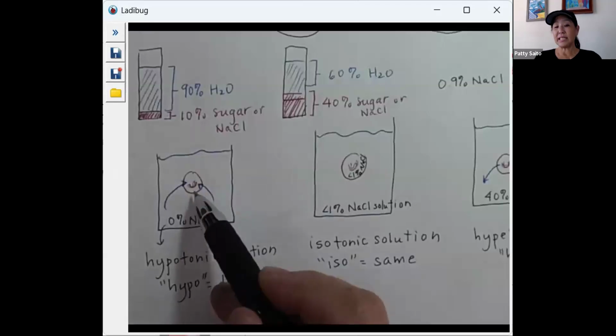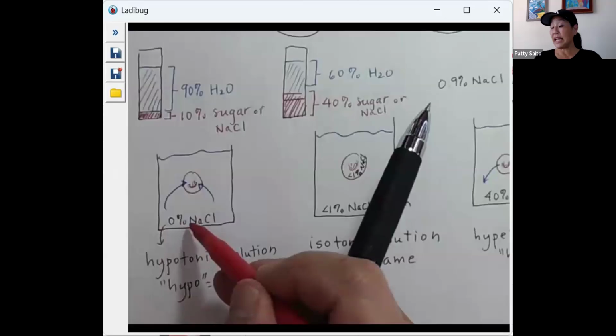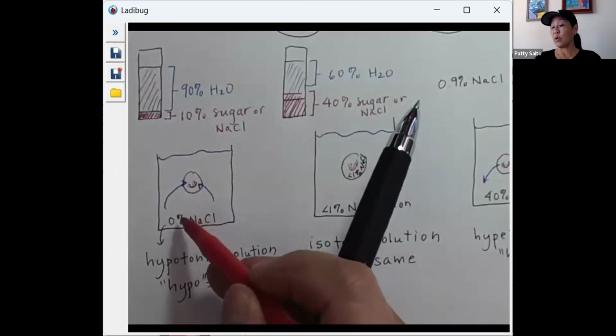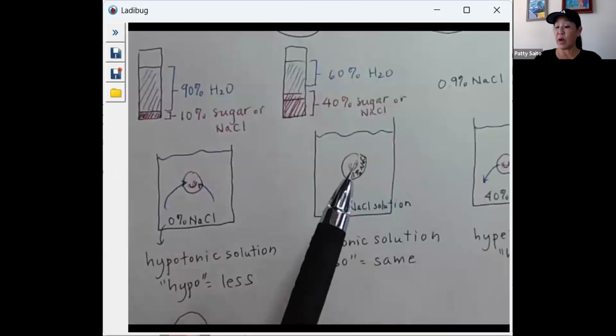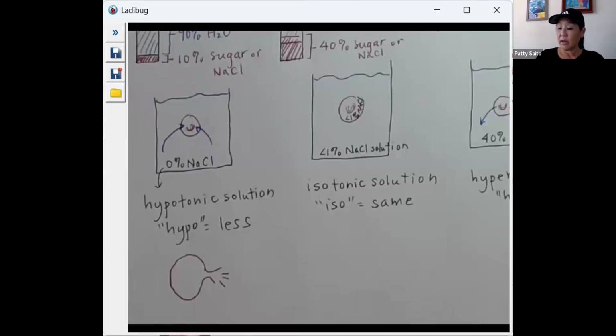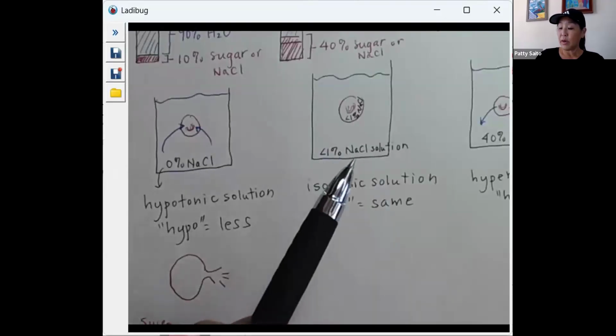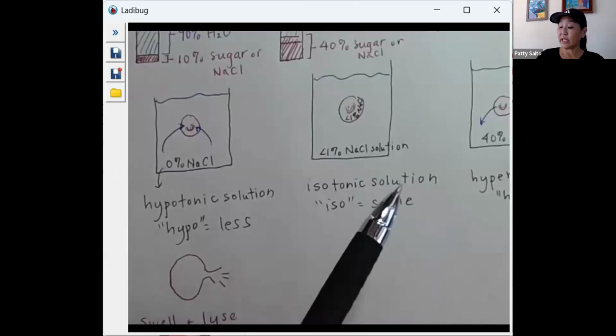So what's going to happen to these little red blood cells? If it's in a hypotonic solution, the water moves in and that red blood cell swells and can even burst. So this is called swell and even lyse. Lysing is burst.